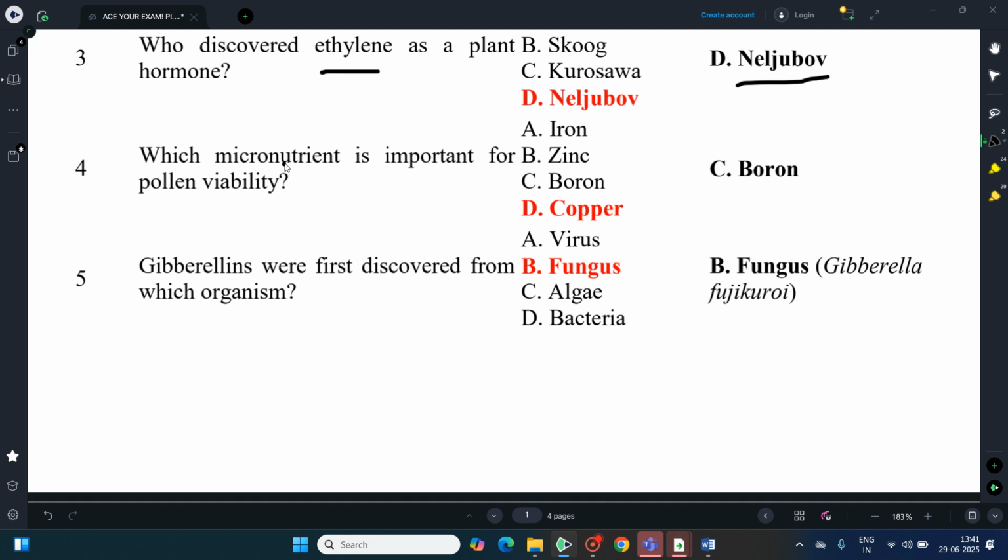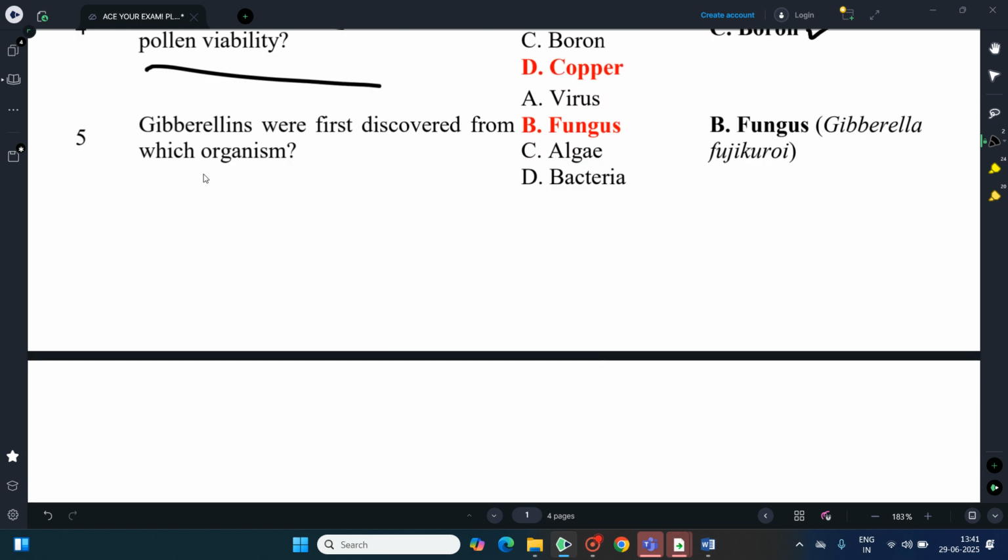Which micronutrient is important for pollen viability? Boron is the correct answer. Gibberellins were first discovered from which organism? It was isolated from a fungus, namely Gibberella fujikuroi.